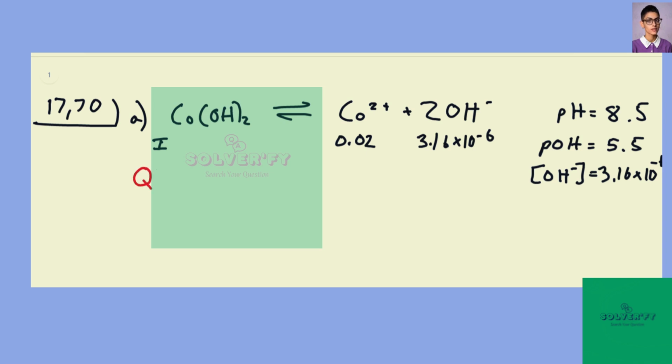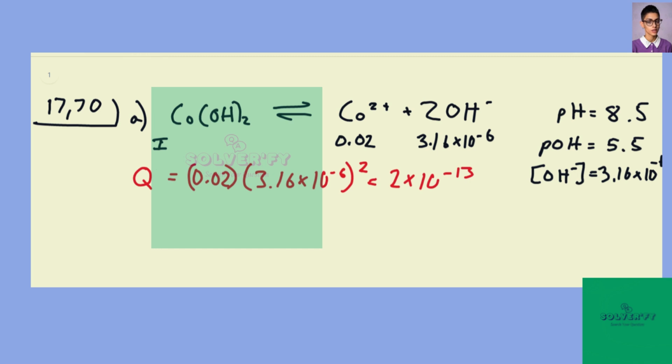which we can do by multiplying 0.02 times 3.16 times 10 to the minus 6 squared. And that gives us a value of 2 times 10 to the minus 13.